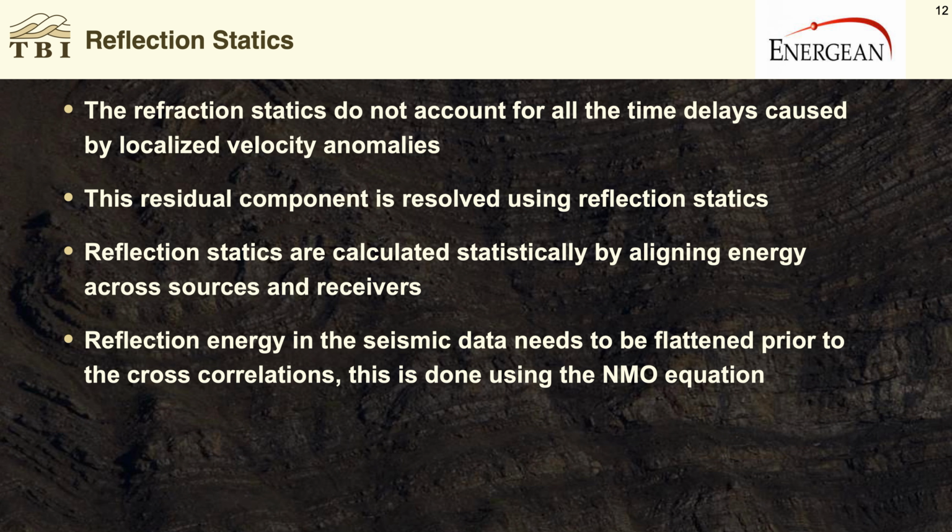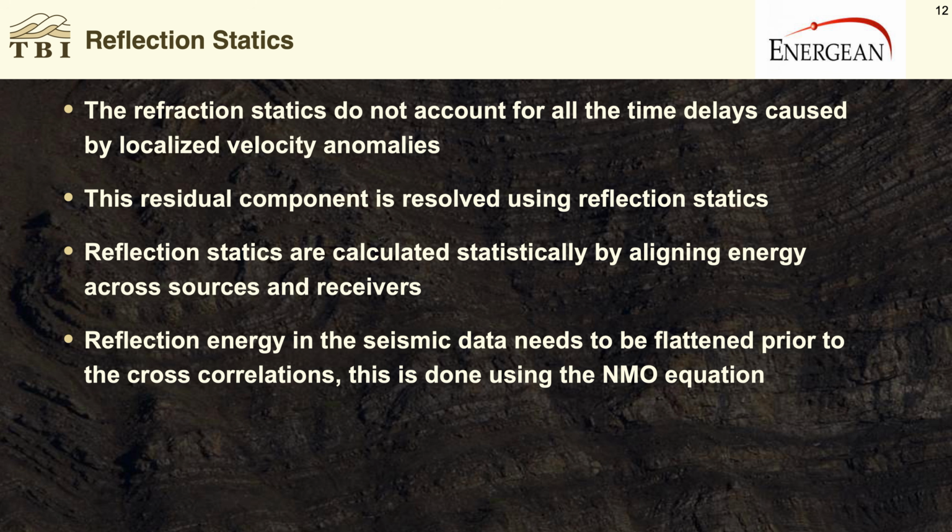Reflection statics. Since refraction statics only account for some of the time delays caused by velocity variations, there is a residual component that still needs to be calculated and applied to the data prior to depth imaging. The calculation of these statics is done by flattening reflection energy on the gathers using the NMO equation, and then running cross correlations on traces that have similar coordinates and offsets.